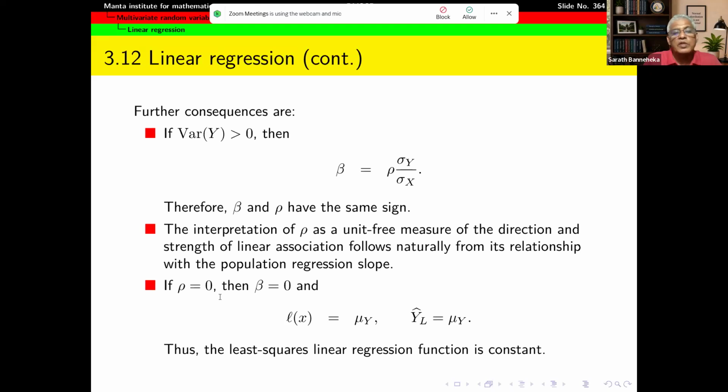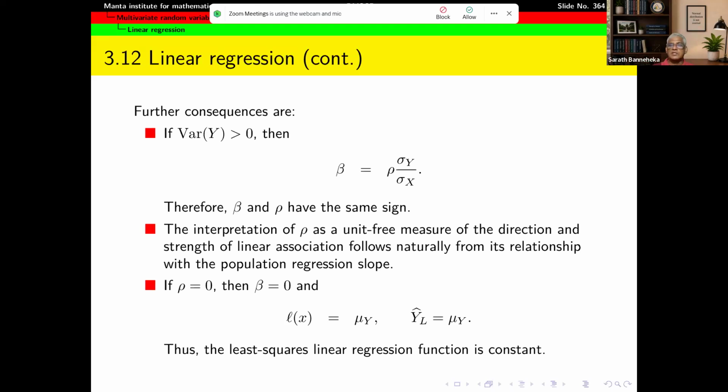If rho is equal to zero, then beta is equal to zero. In that case, Lx will be equal to mu y, and the predictor will be equal to mu y. So that means if rho is equal to zero, then the predictor is a horizontal line. It's a constant.